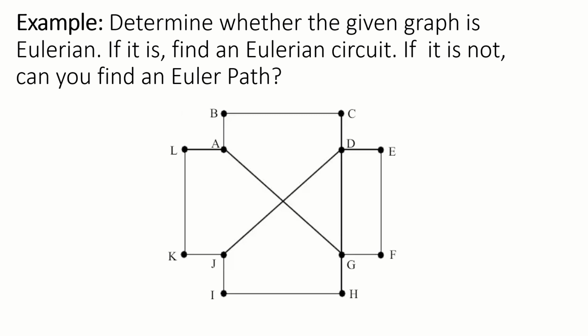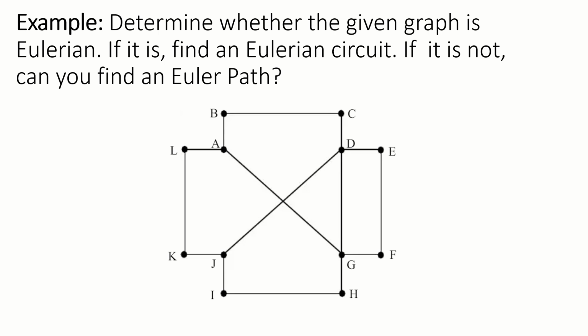So determine whether the given graph is Eulerian. If it is, find an Eulerian circuit. If it is not, can you find an Euler path? So let's answer first the first question. It says determine, so we'll just use the Euler theorem.